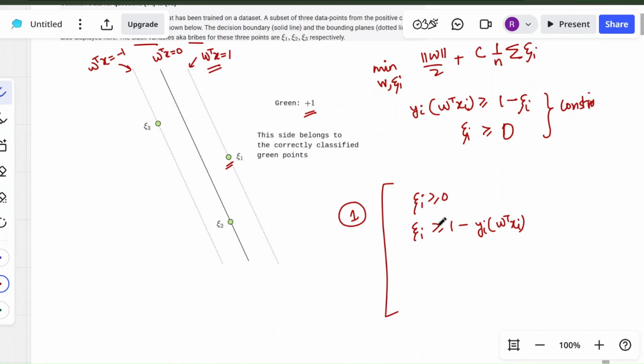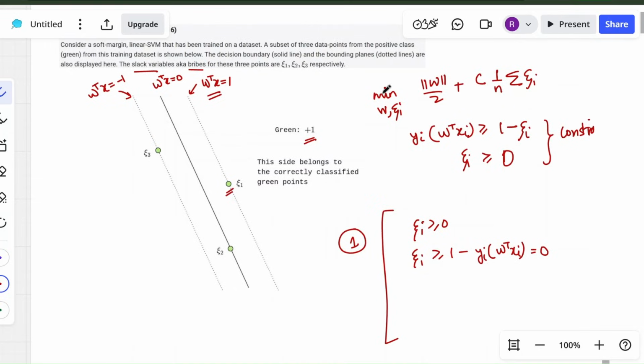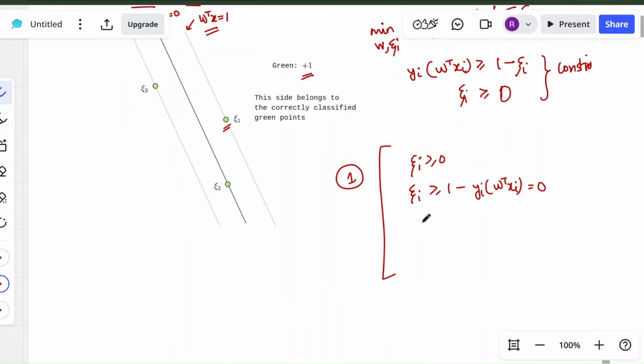And W transpose xi is equal to 1, and yi is also equal to 1 because it is a green point. Green is plus 1. So this will be equal to 0. Basically you want zeta i to be bigger than or equal to 0, and ultimately you're minimizing the sum of zeta i. So the natural choice is that zeta i star is equal to 0. The optimal value of zeta i will be 0.